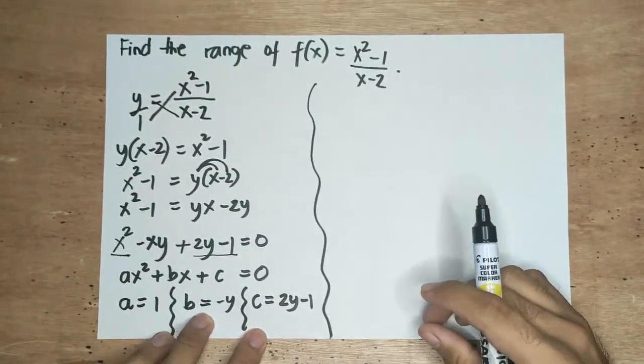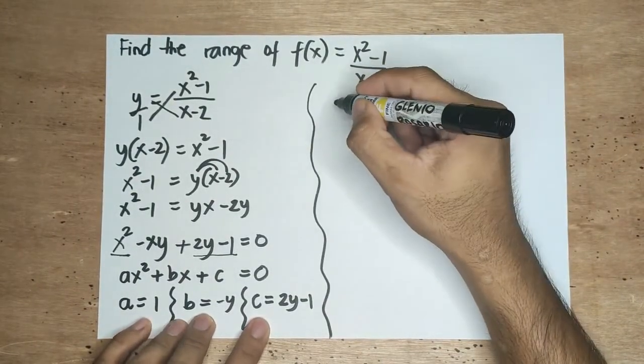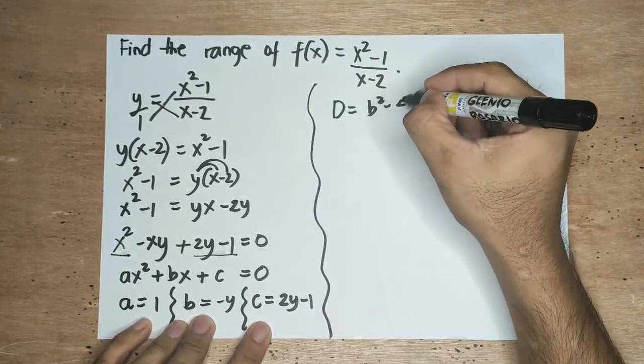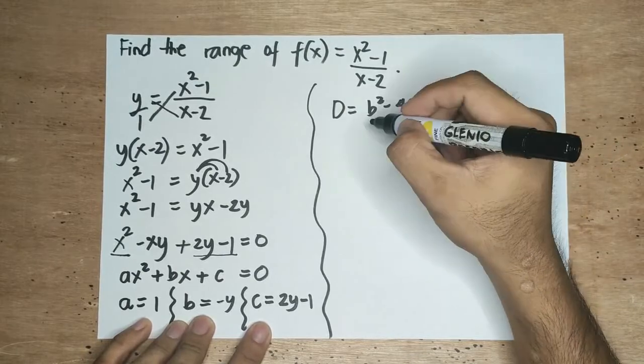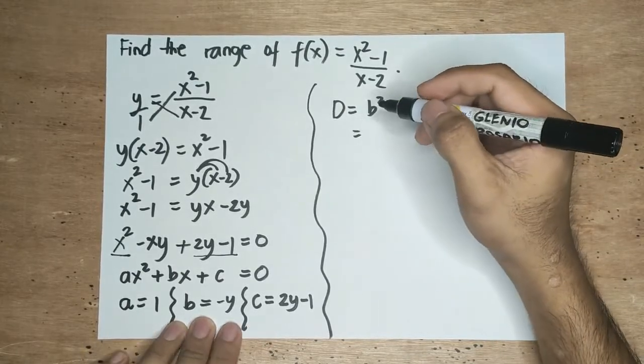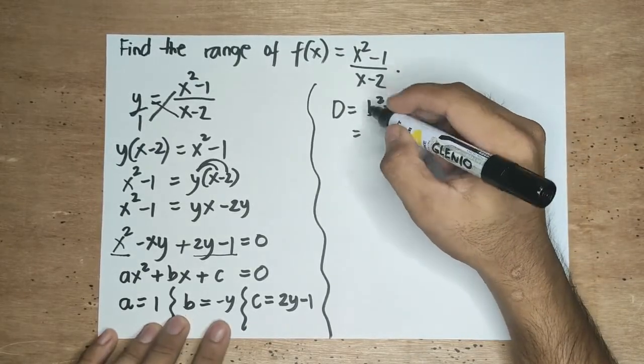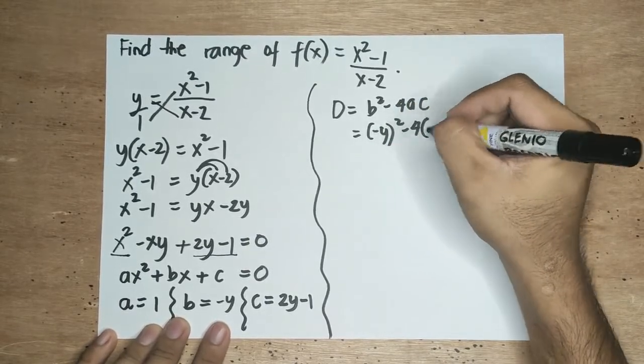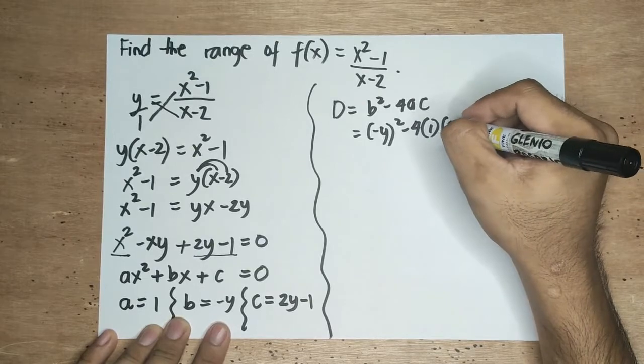After obtaining the values of a, b, and c, we solve for the discriminant. We have d is equal to b squared minus 4ac. So, this will be b squared is negative y squared minus 4 times a is 1 and c is 2y minus 1.